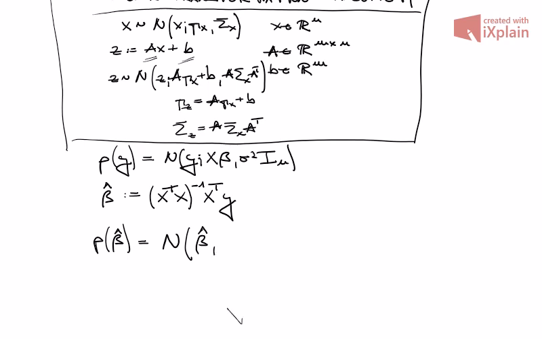But the question is, of course, what is the expectation of the estimate? So try to apply these formulas here to the expectation of beta hat. And don't try to simplify things. Just try to tell me what the formula says.